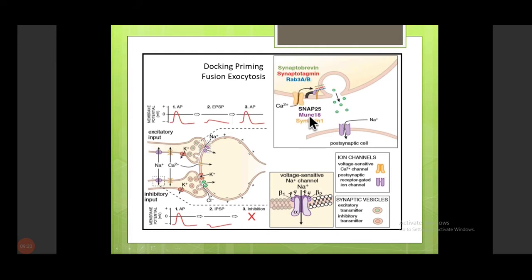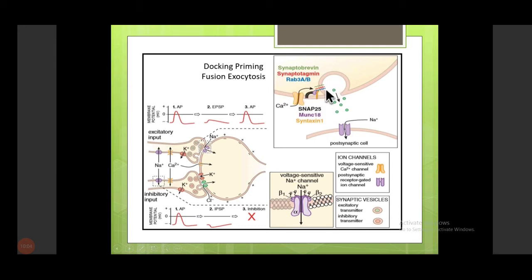Here we can see that there are a few names given which you might not be familiar with as of now. I'll try and explain. When the fusion occurs, how is the fusion facilitated? The SNAP or SNARE proteins present at the axonal membranes help in binding of the syntaxin, which is the yellow colored part, with the MUNC18.